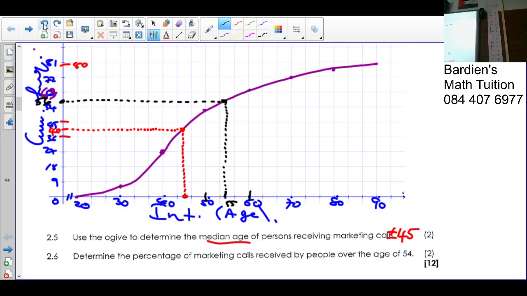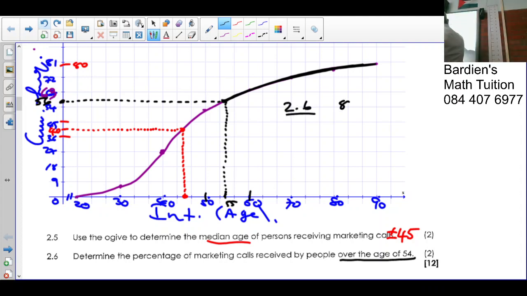So again, over the age of 54. It's this part of the graph they're talking about. If they had asked below 54, it would have been straight 56 people. But since it's asking above, how many is above?